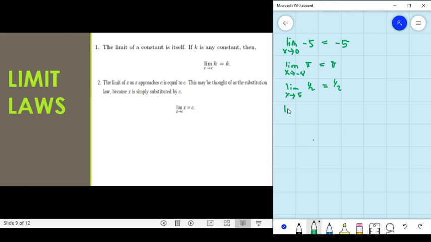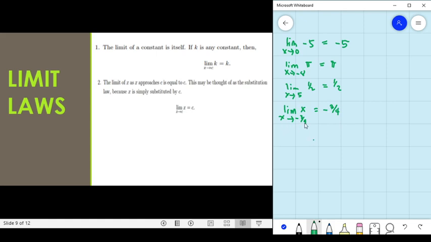If we have the limit of x as x approaches -3/4, so ang answer is -3/4. Because by substitution, substitute mo ang x with -3/4, so diretso ra nga -3/4.